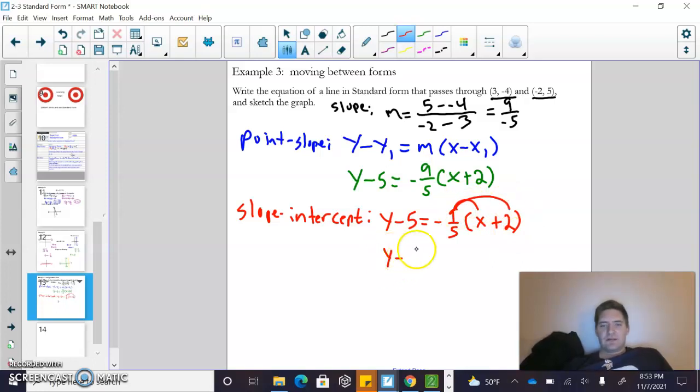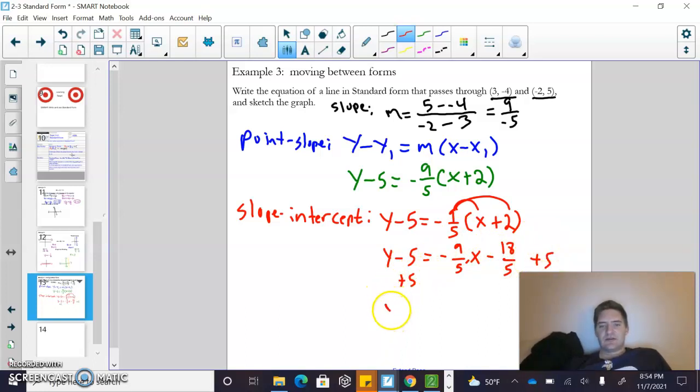We're going to have y minus 5 is equal to -9/5 x, and we're going to say this is 18 over 5 because 9 times 2 is 18 divided by 5. And we're going to add 5 to both sides.